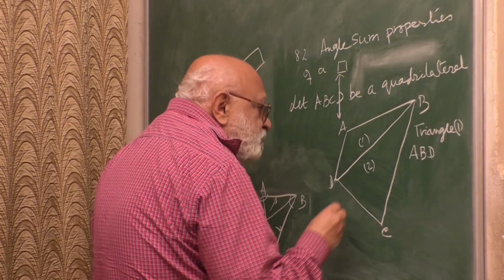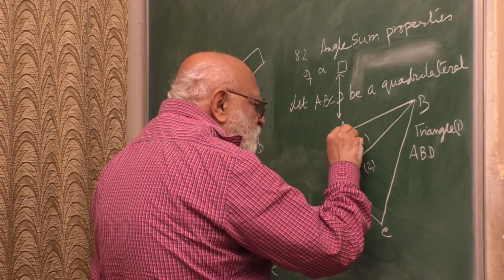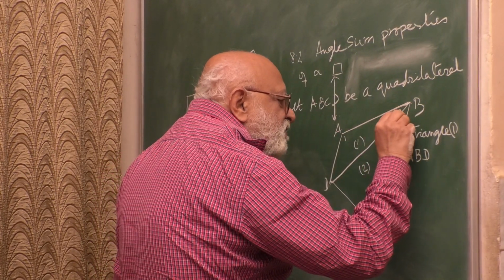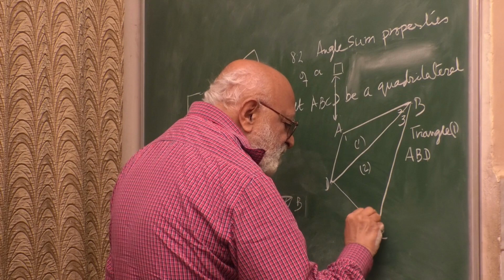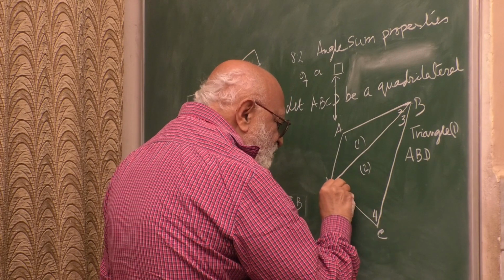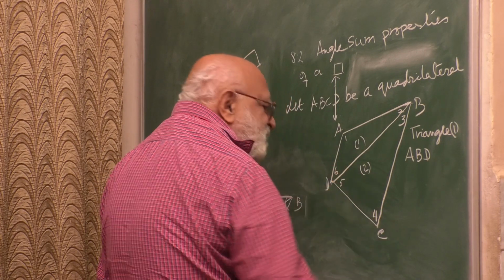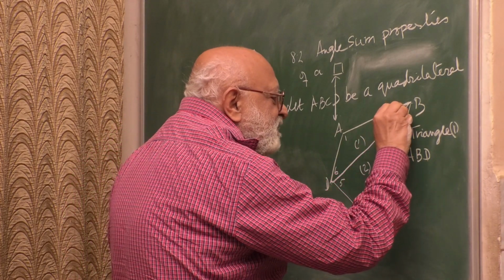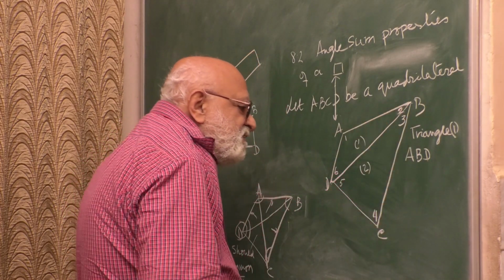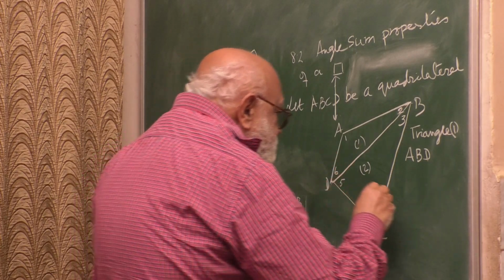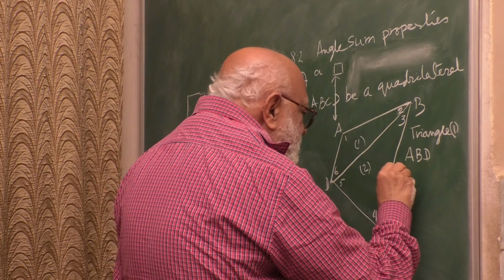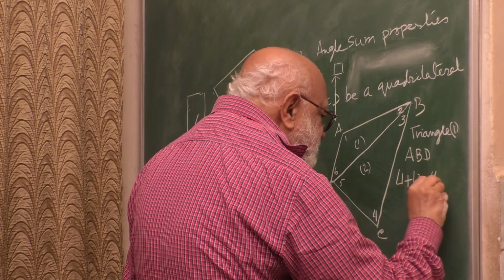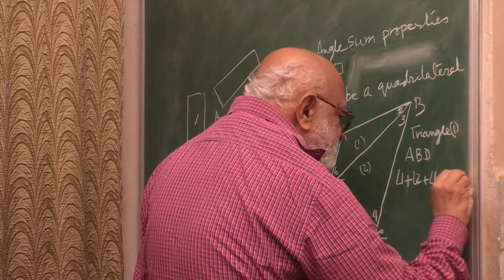As I usually do, let me write down the angle notation: 1, 2, 3, 4, 5 and 6. There are two triangles, so there should be 6 angles. I can write angle 1 plus angle 2 plus angle 6 is equal to 180.